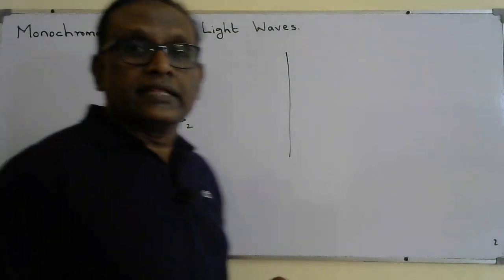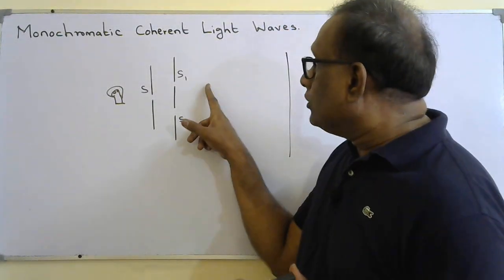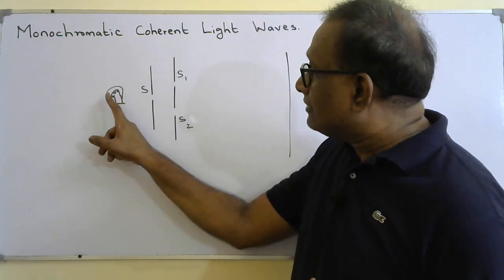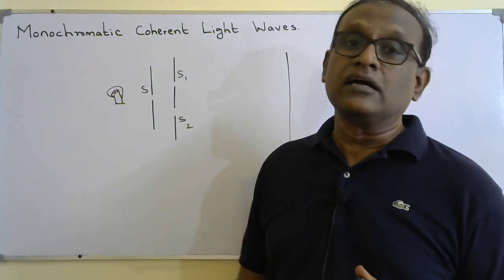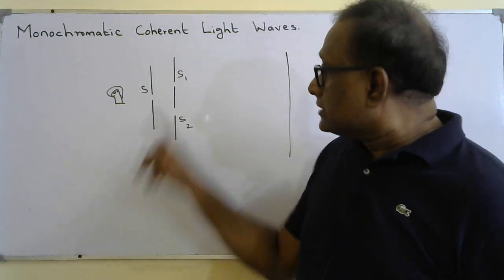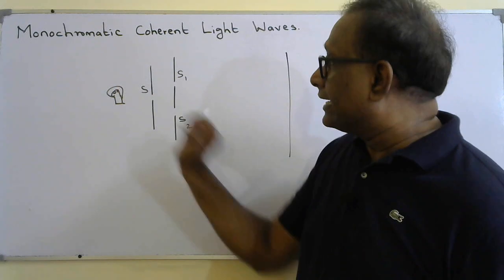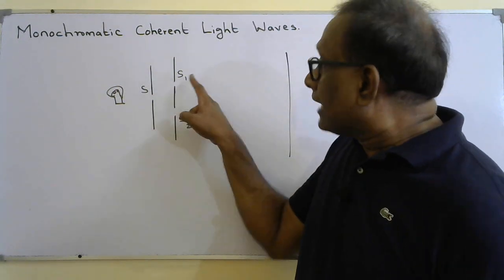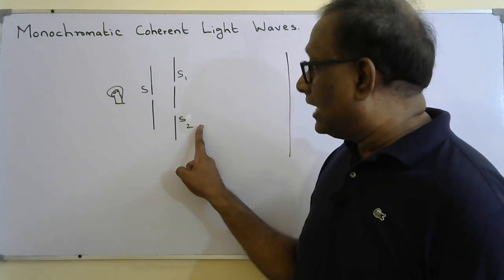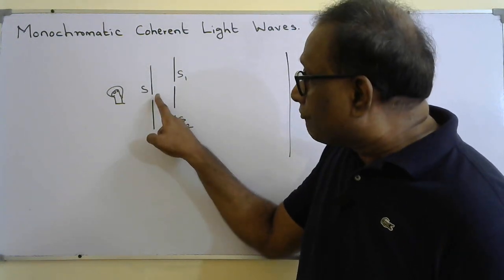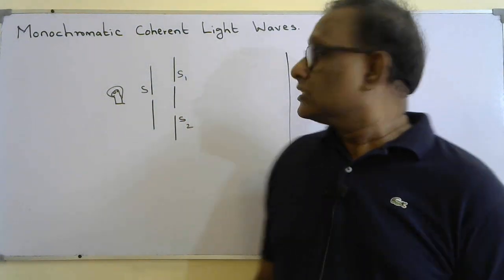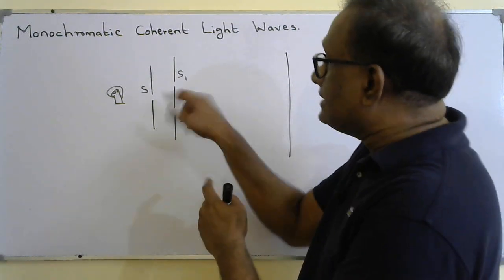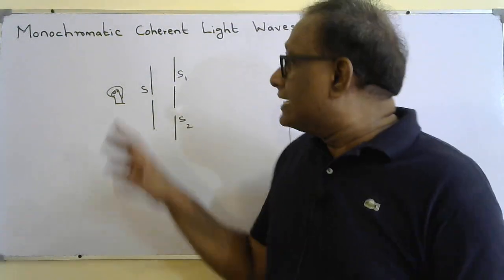S1 and S2 won't receive the light directly from the bulb source. They can't see the bulb directly because slit S is blocking. But S1 and S2 receive the light that is diffracted through S. So for S1 and S2, S is the light source.